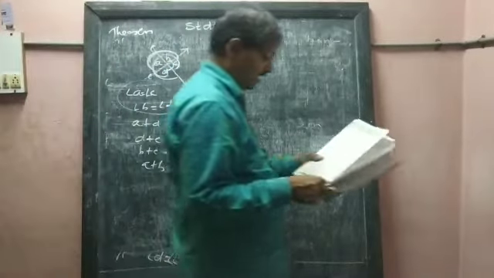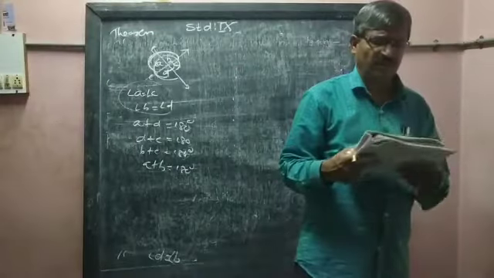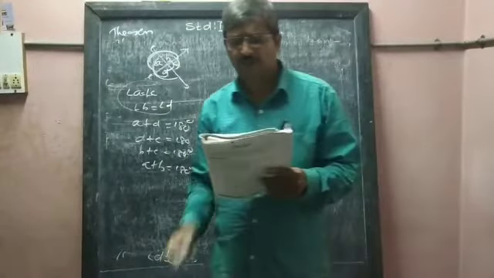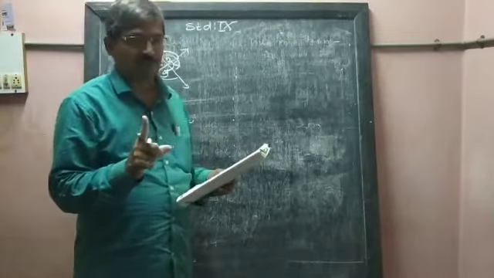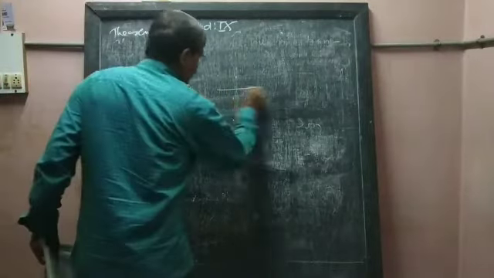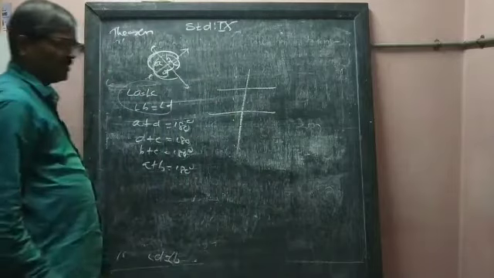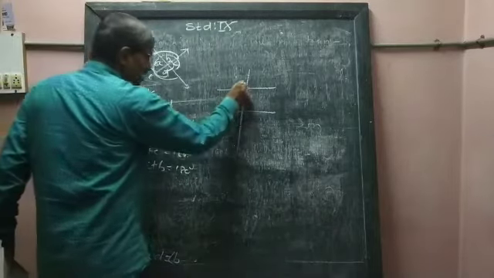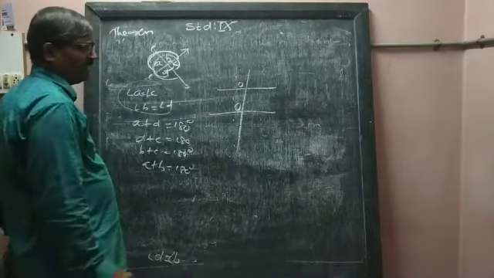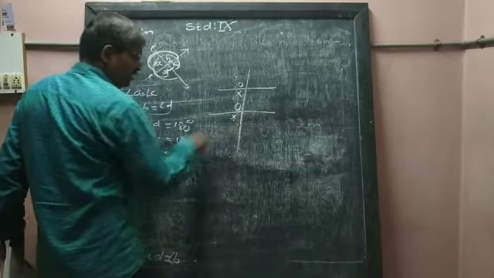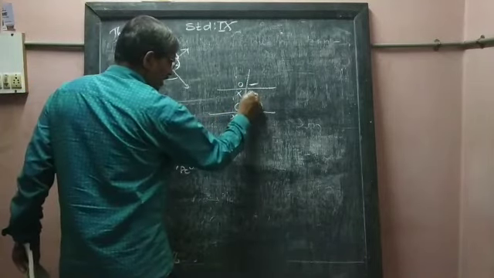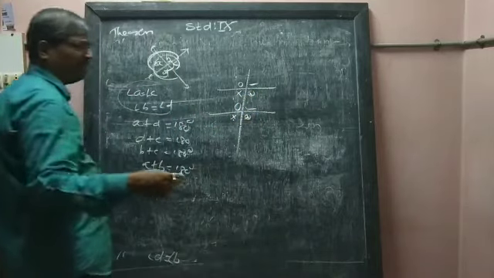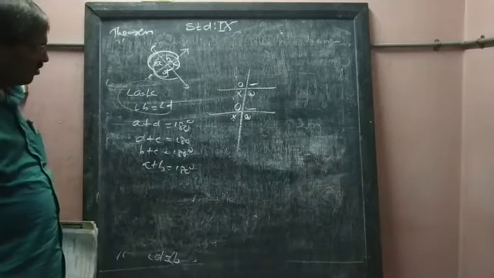The next property is mentioned on page number 14, point number 3. When one pair of corresponding angles is congruent, then all remaining pairs are also. You see, there are two lines parallel to each other. If this pair of corresponding angles is congruent, then this pair is also congruent. If this side is congruent, then this side and this side, means the remaining pairs of corresponding angles are congruent.